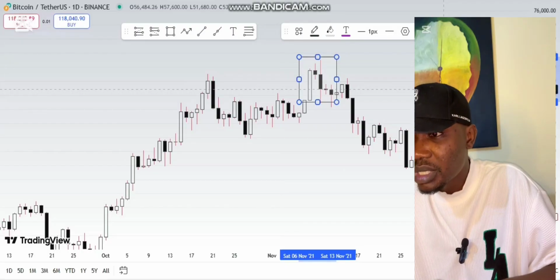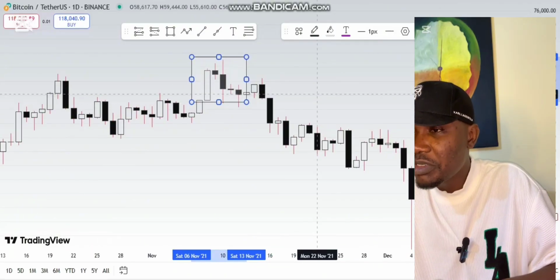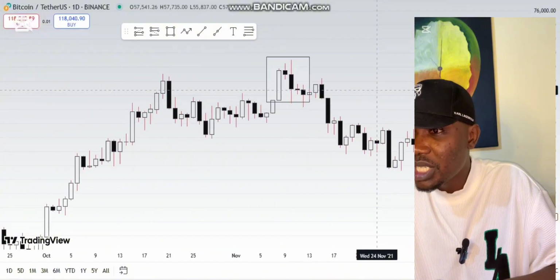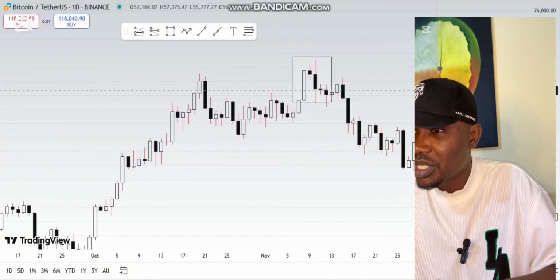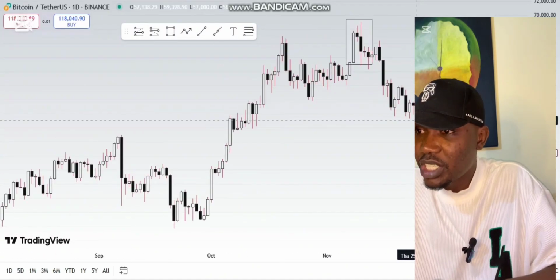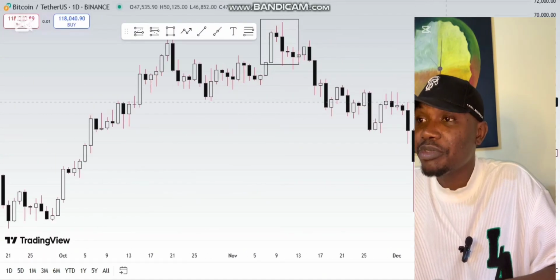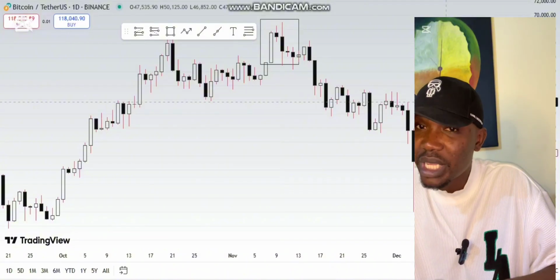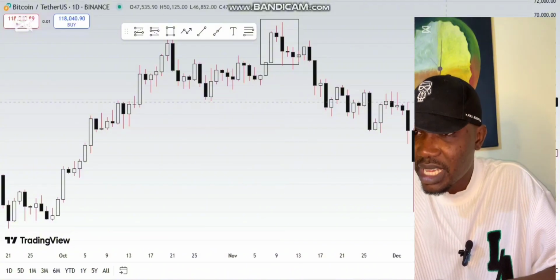So this is a bullish candle followed by a doji, followed by a bearish body, and this bearish body is up to 50% the size of the last bullish candle that was created. Remember, I told us that the bearish candle that follows the doji must be at least 50% of the bullish candle for this to be called a classical evening star.